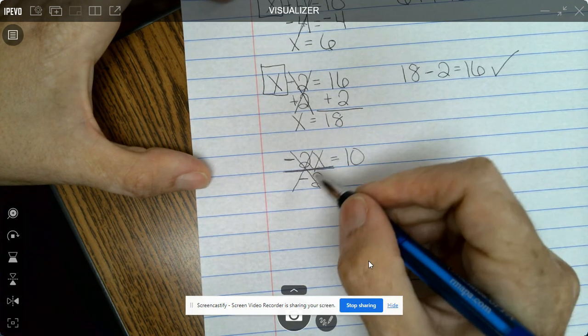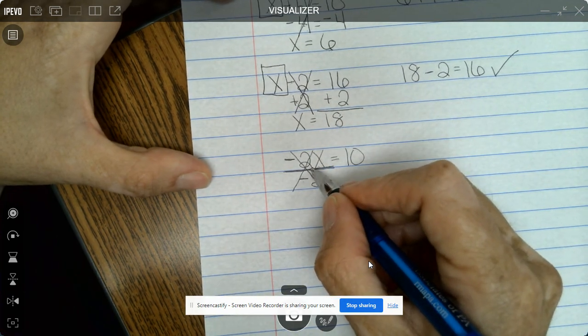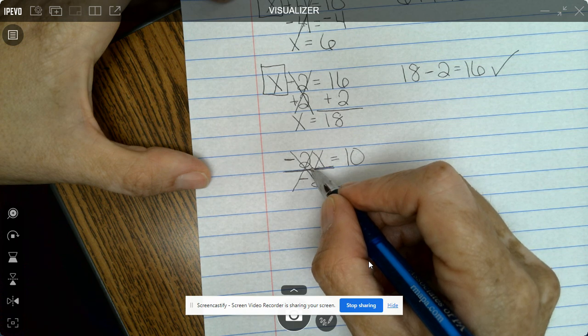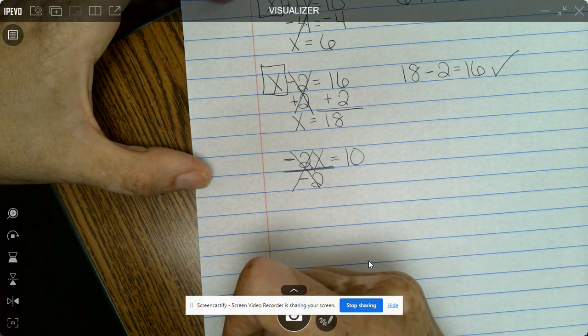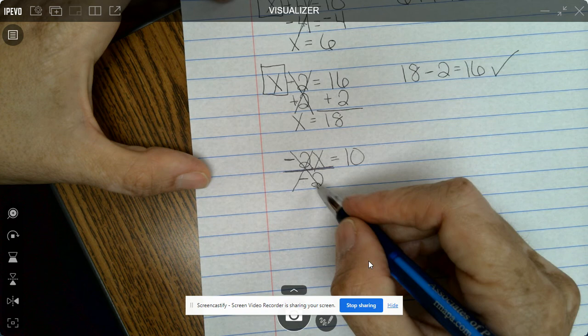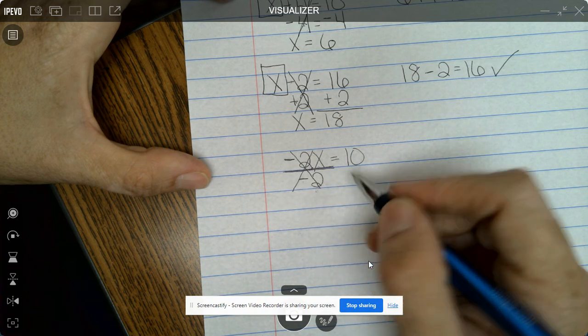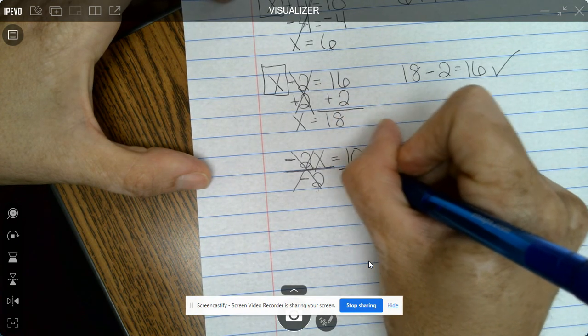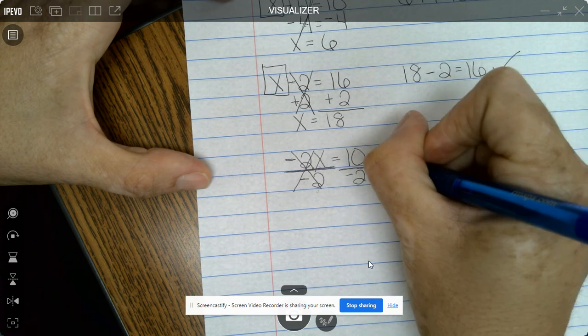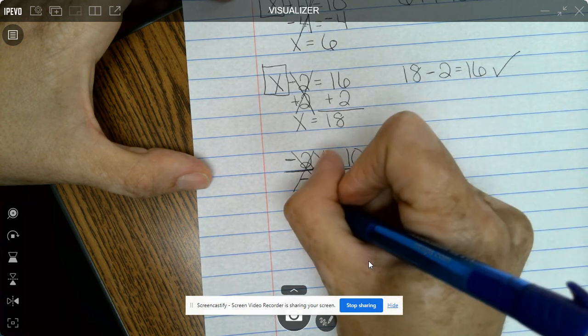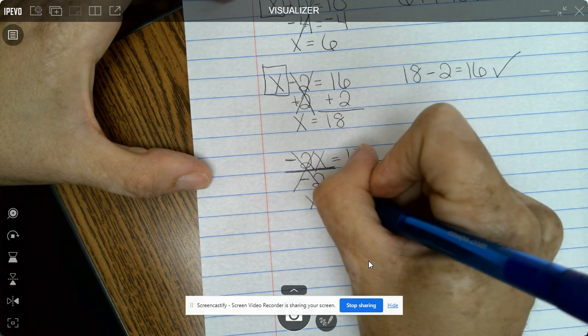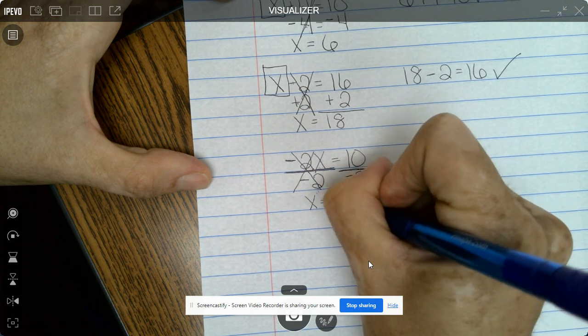So that 1x, remember that 1, sometimes you see it and sometimes you don't. That's why we have just an x. If I divide on one side, I have to divide on the other. So 10 divided by negative 2 says that x equals negative 5.